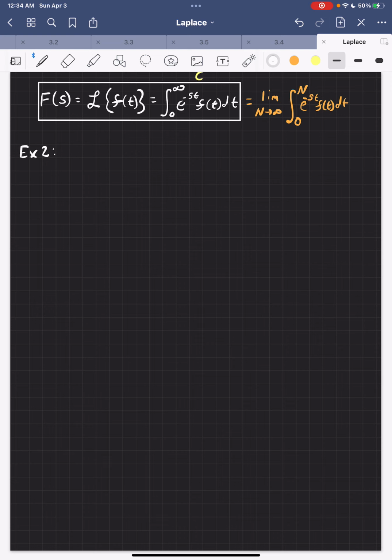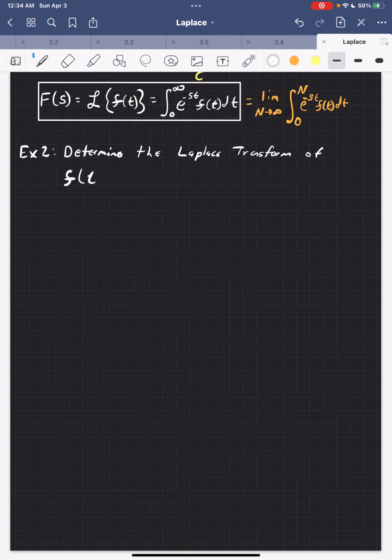Let me write the question in its entirety so that you can see the way it would look on a quiz or on a test. Something like, let's say, determine, this time instead of using the symbol, I'll just say determine the Laplace transform of, and now I'm going to define a function for you.